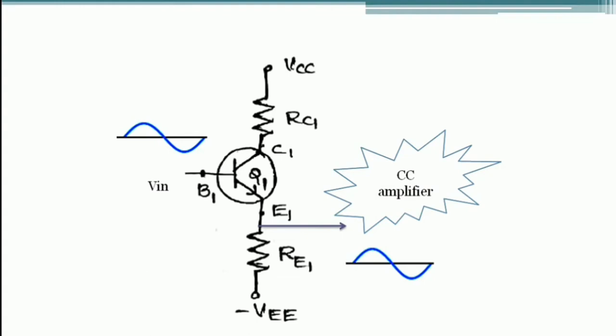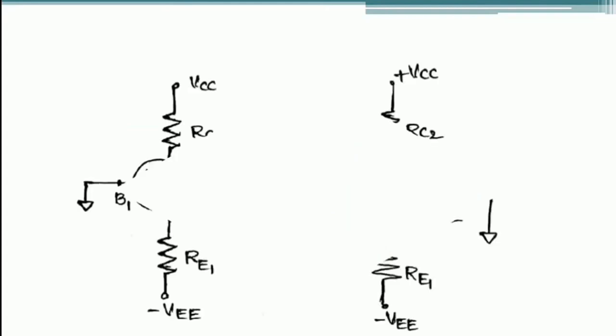Now, the differential amplifier circuit is designed by considering a couple of emitter biased circuits.